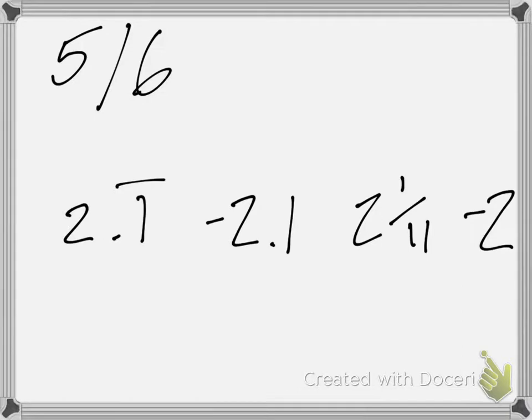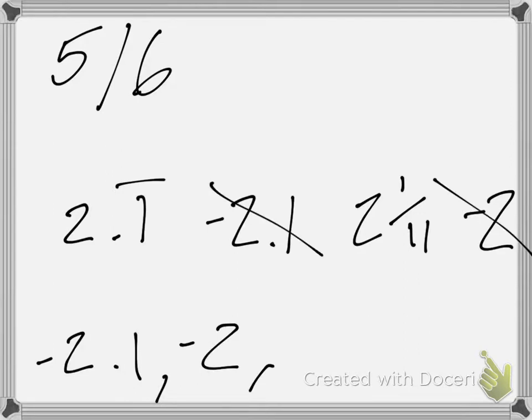First of all, we can already plug in our negatives. What's the least number? Kyle. Yes, -2.1 is the smallest. Then what comes next, Kyle? -2, exactly. Those are our negatives.